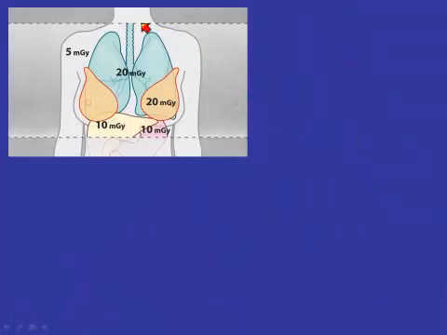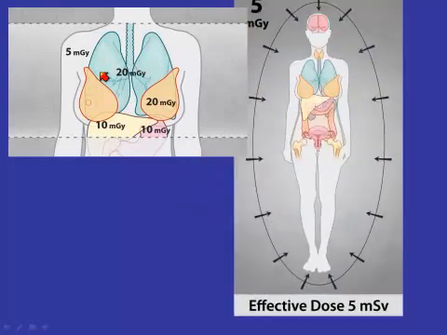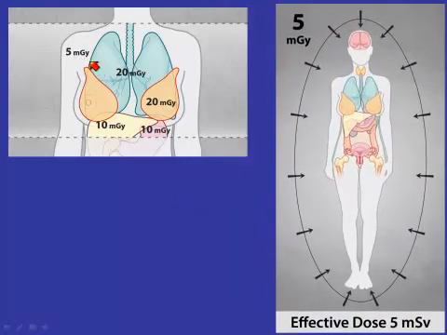But if you have a non-uniform pattern of energy deposition, as shown here for the chest CT scan, you can work out individual organ doses. So the lung gets 20 milligray, the breast gets 20 milligray, the stomach gets 10, the liver, the part of it that's irradiated, translates into a dose of 10 milligray.